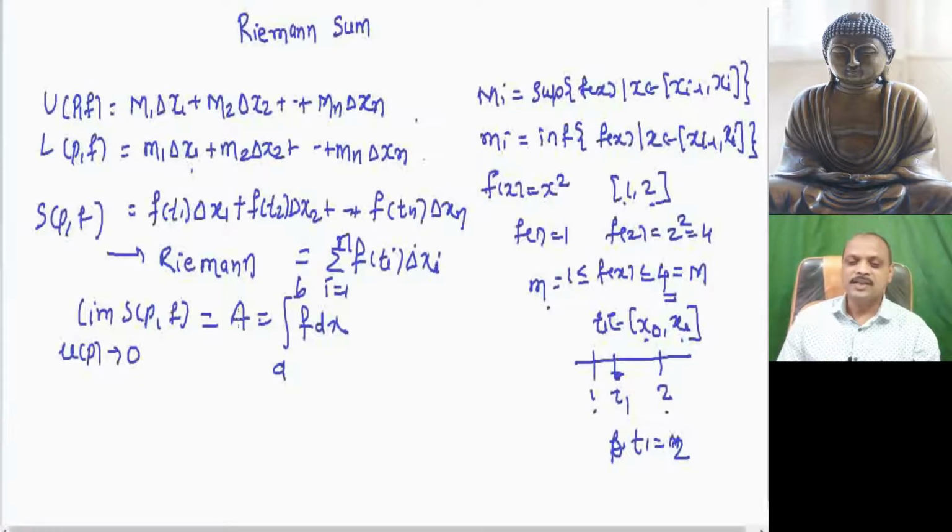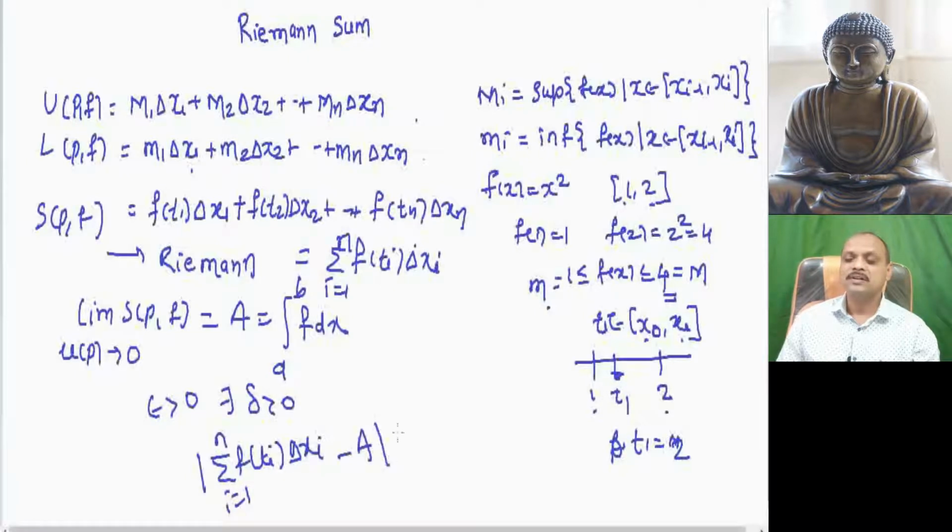We write the same thing using the definition of limit: for every epsilon greater than 0 there exists delta greater than 0 such that the absolute value of the summation of f of ti into delta xi, i equal to 1 to n, minus A is less than epsilon whenever mu of p is less than delta. If this condition is satisfied, then the function is said to be Riemann integrable.